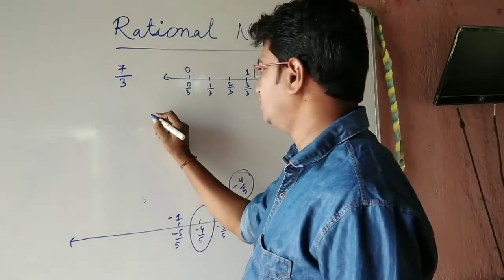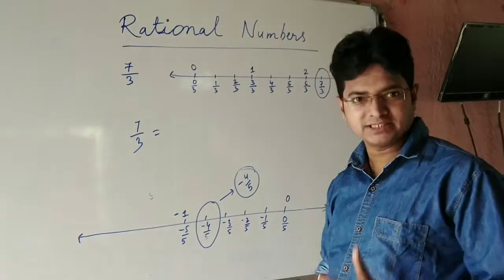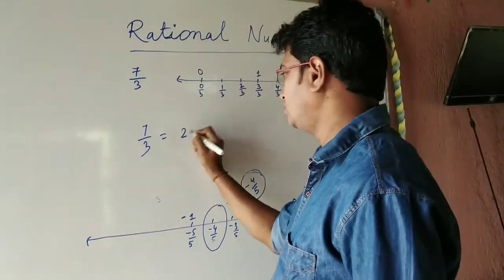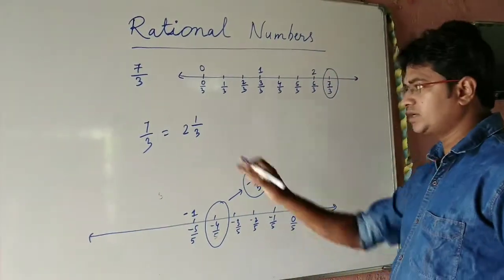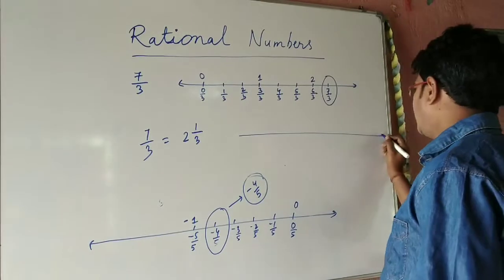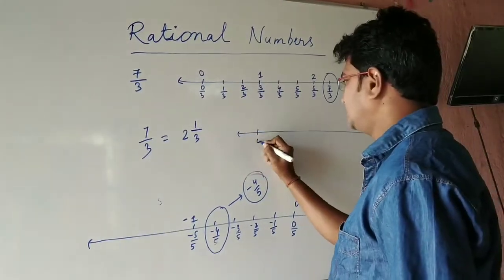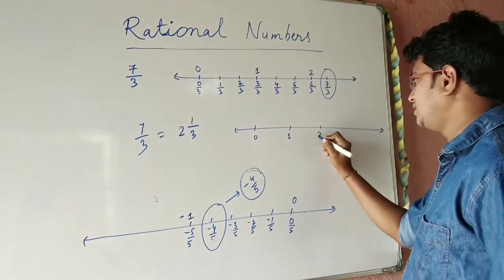Second way: 7 by 3, you express in terms of a mixed fraction. 3 2s are 6 plus 1 is 7, so you can express it as 2 1 by 3. In this way, your main divisions are 0, 1 and 2.